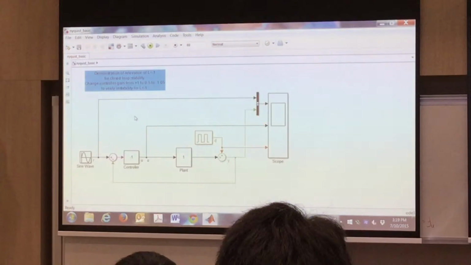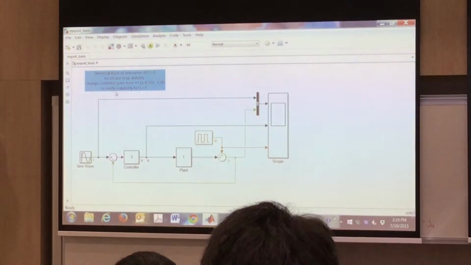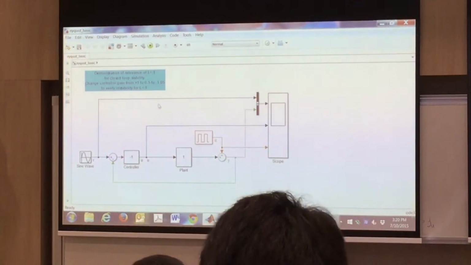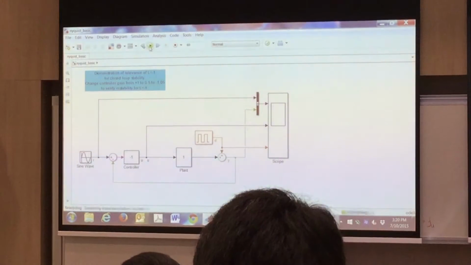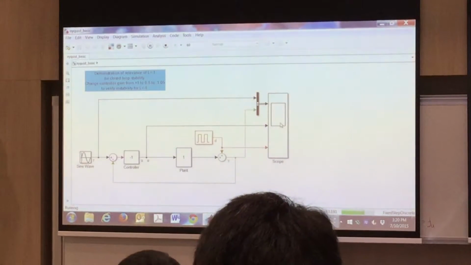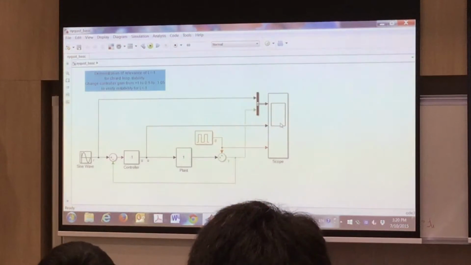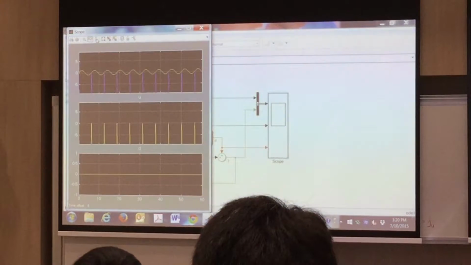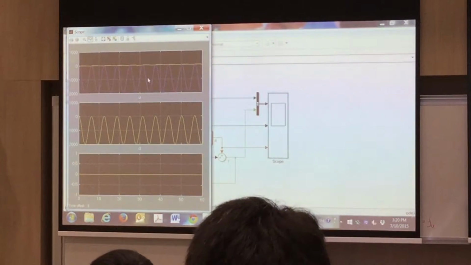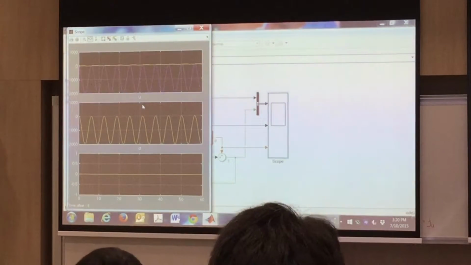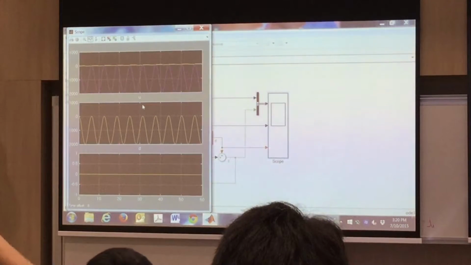Alright, so if I have my controller at minus 1, okay, this is what you see, which is marginal stability, right?